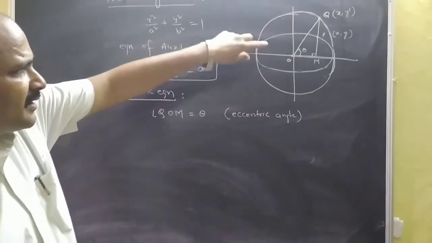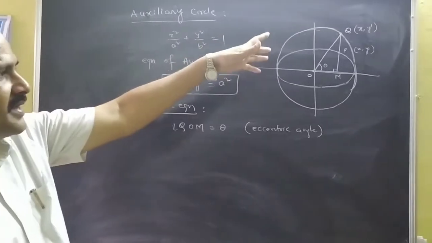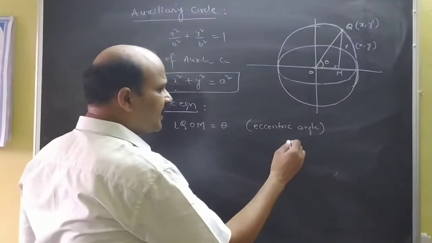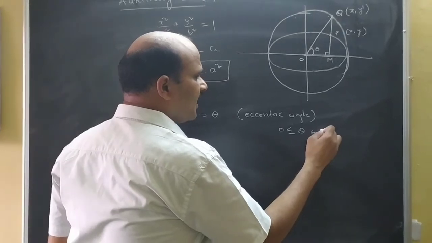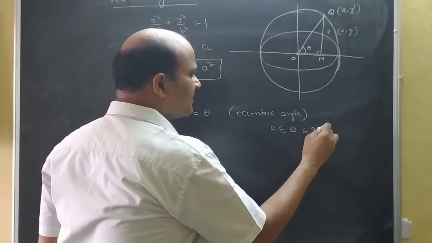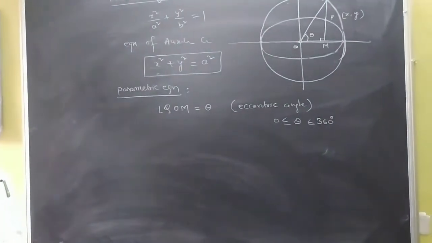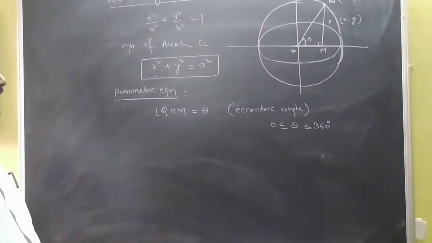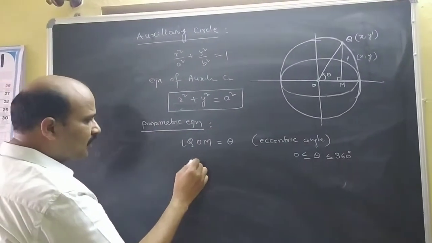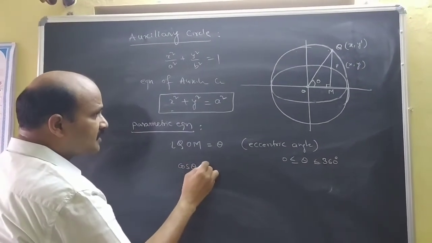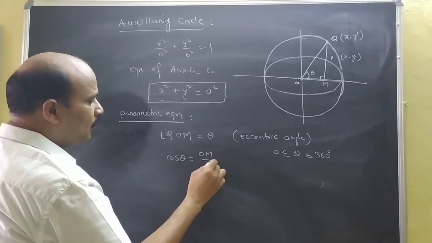Because Q may be rotating through 360 degrees, the eccentric angle satisfies 0 less than or equal to theta less than or equal to 2 pi, that is 360 degrees. This is the angle in the parametric equation. In this triangle OQM, now cos theta is equal to the adjacent side OM by OQ.